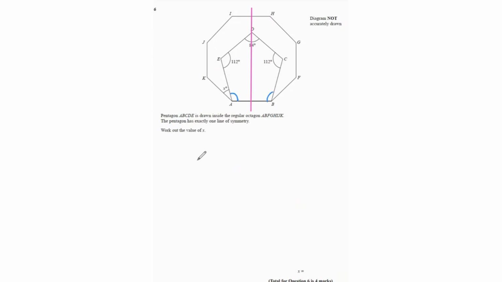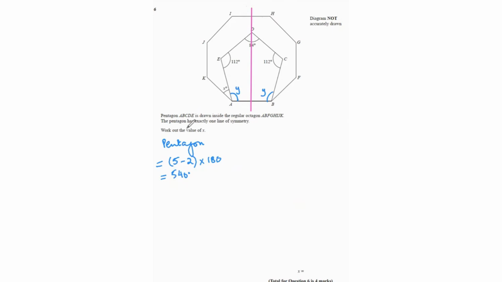And for that, we need the sum of interior angles. So for the pentagon, it's going to be 5 minus 2 times 180. That gives us 540. Then for the value of A and B, let's call this y and y because they're the same.